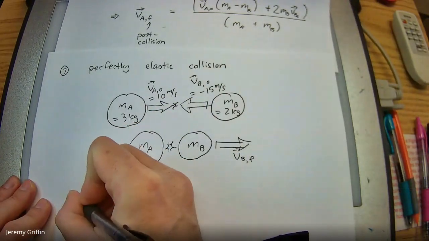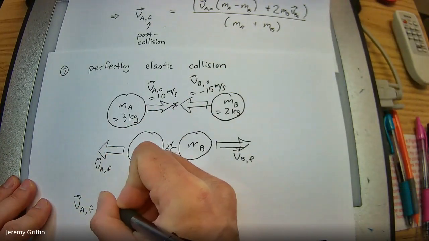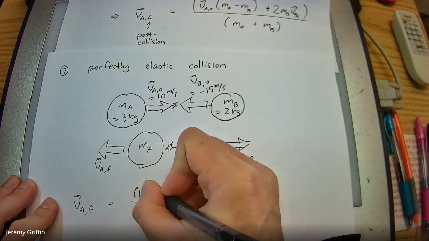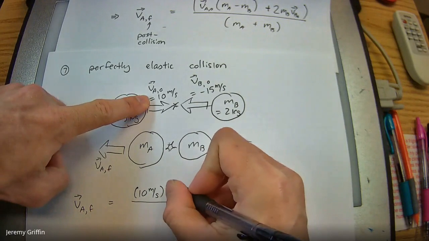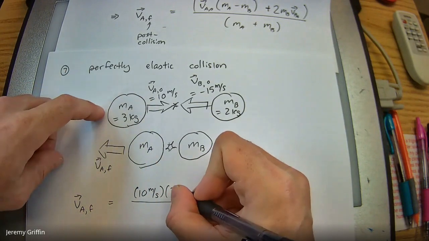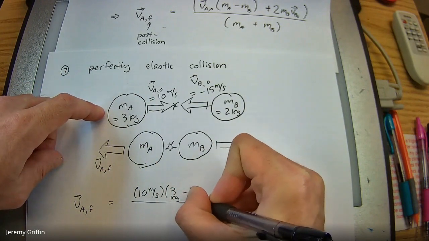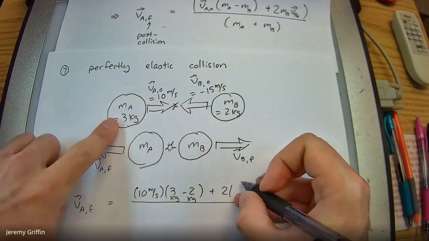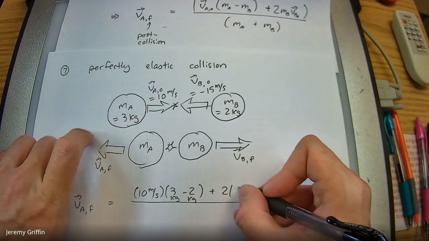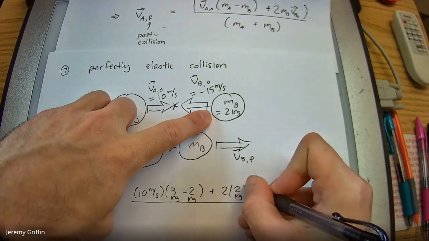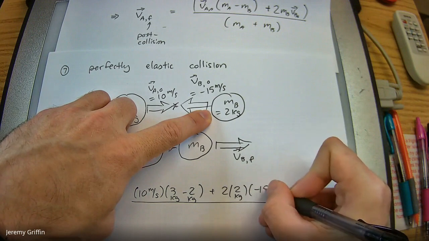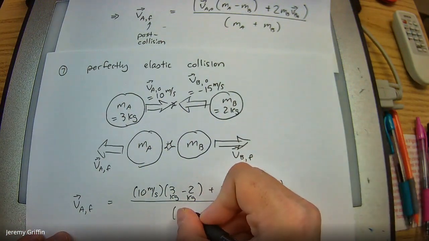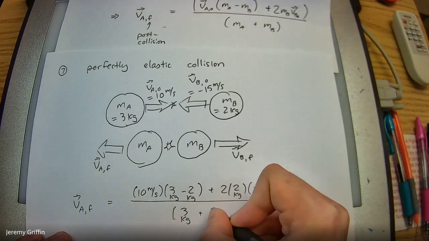So velocity object A post collision equals big old fraction. I've got 10 meters per second here times 3 kilograms minus 2 kilograms, difference of masses, plus 2 times mass B, which was 2 kilograms, all right, times negative 15 meters per second, all divided by the sum of the masses, 3 kilograms plus 2 kilograms.